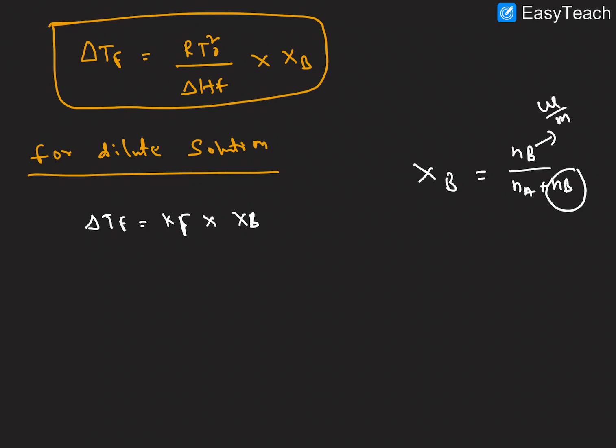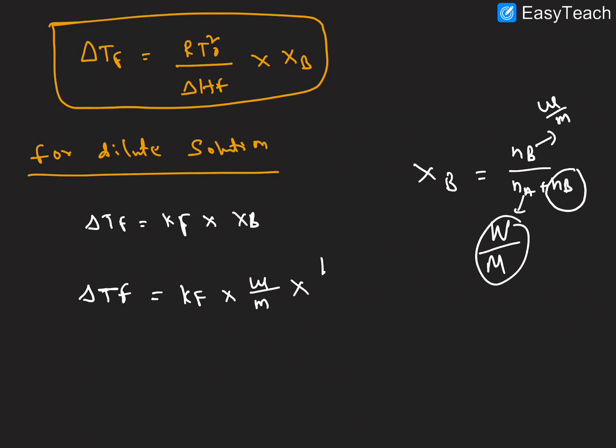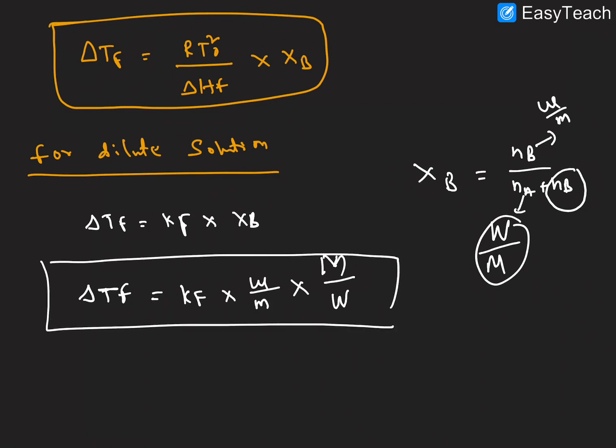So we can write small w by small m, and capital W by capital M. Substituting this, delta TF is equal to KF into small w by small m into capital M by capital W. This is the final formula for dilute solution.